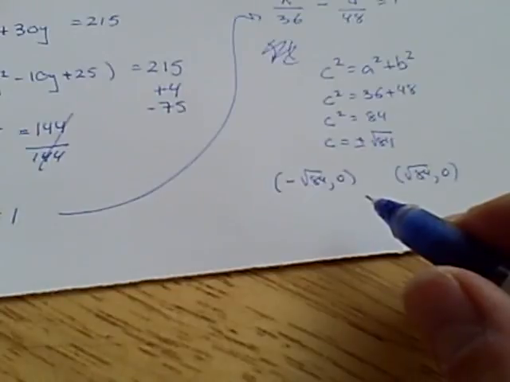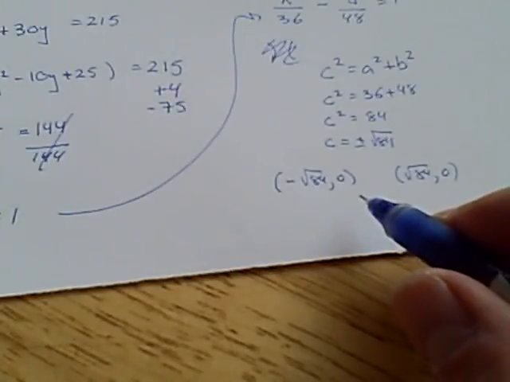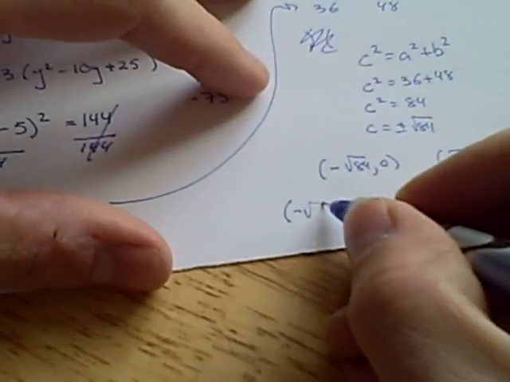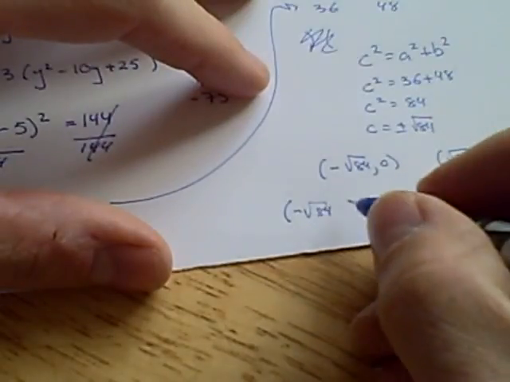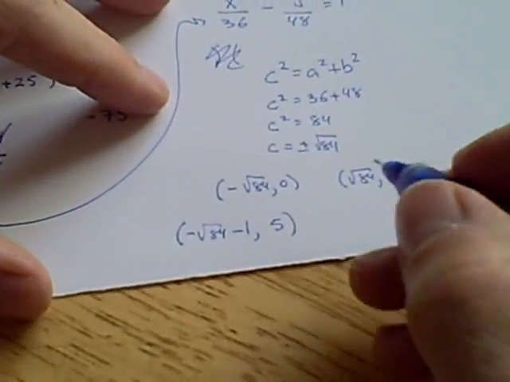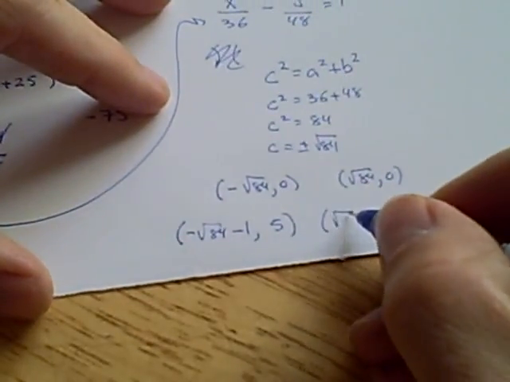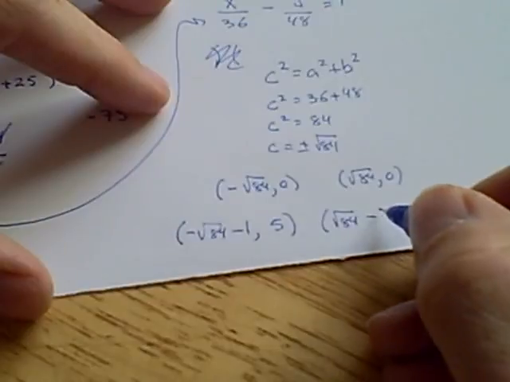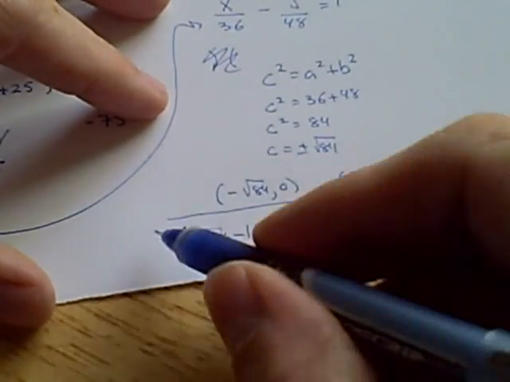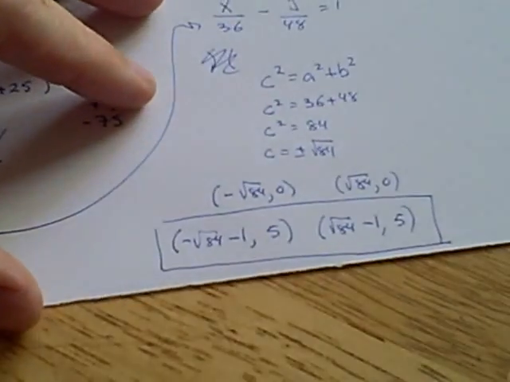We're going to shift these left 1, up 5. So we'll have minus root 84 minus 1, 5. And we'll also have positive root 84 minus 1, up 5. And these are the foci.